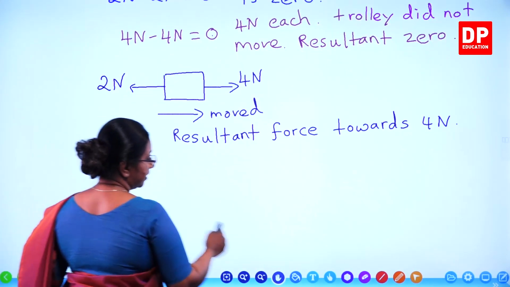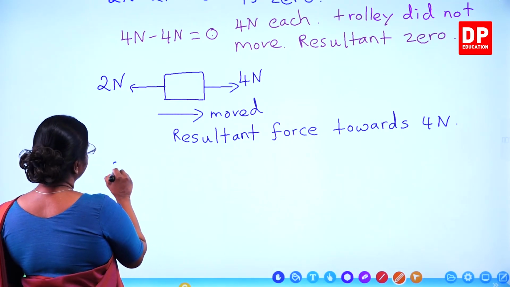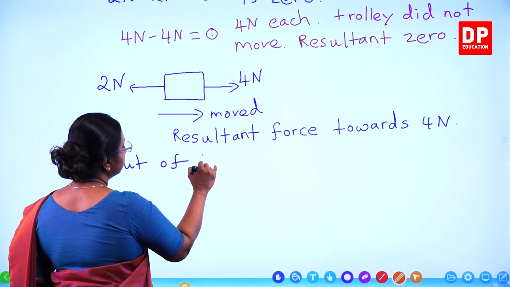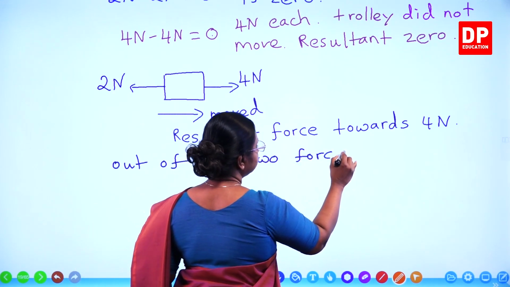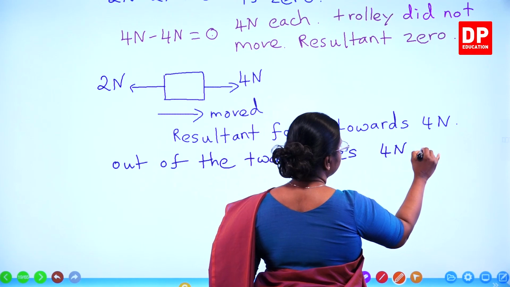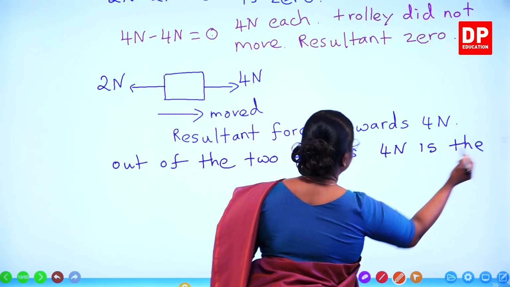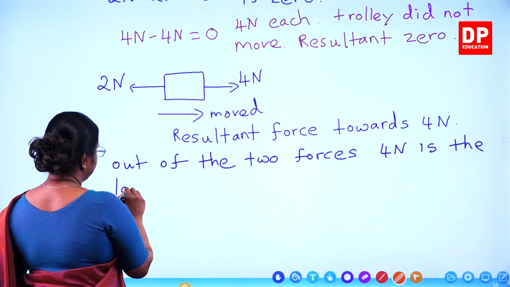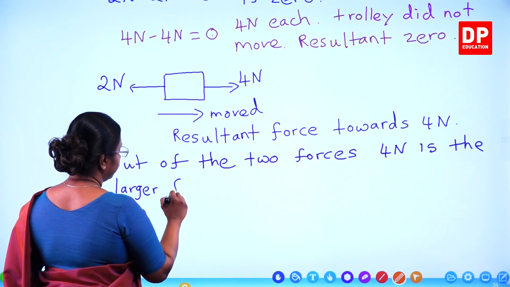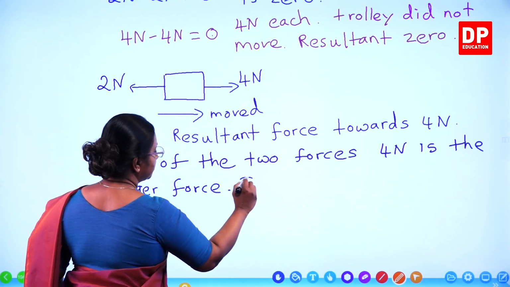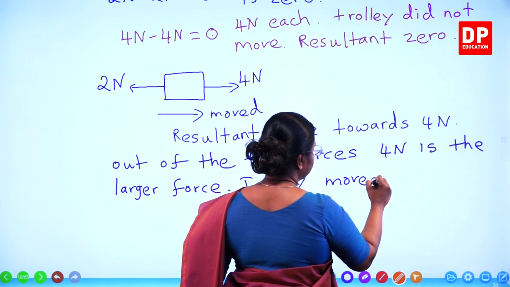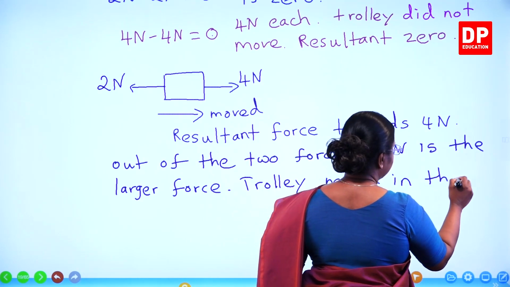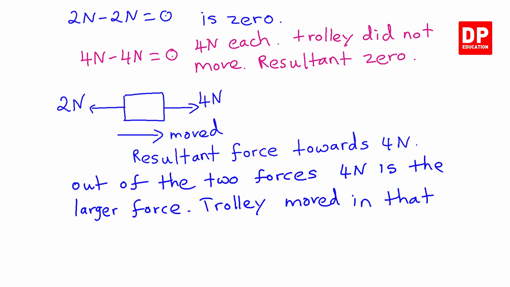So here, out of the two forces, 4 Newton is the larger force. Trolley moved in that direction.